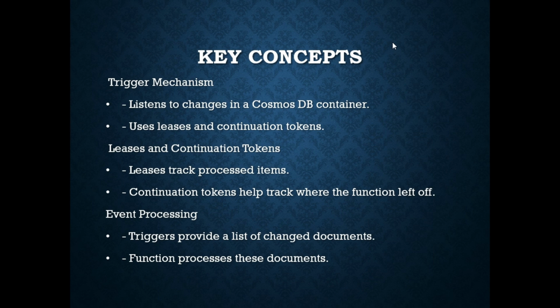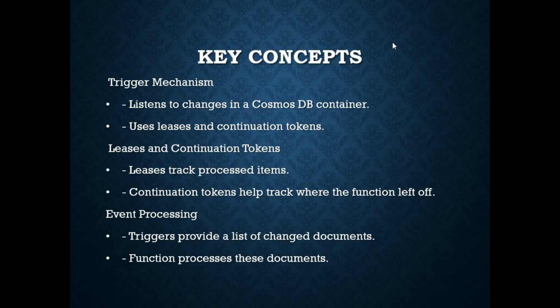Okay, so the trigger mechanism. What it does is listen to changes in the Cosmos DB; the trigger uses leases and continuation token for listening to those Cosmos DB changes, and firing those triggers for a particular set of tasks, right?